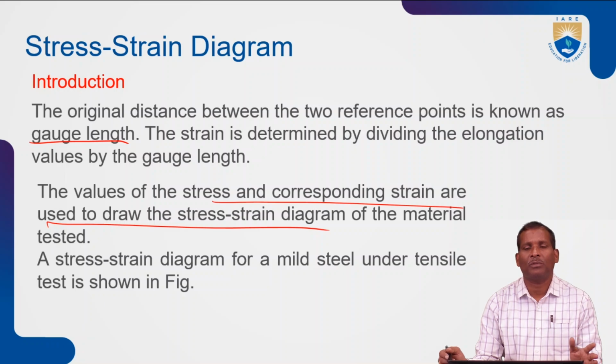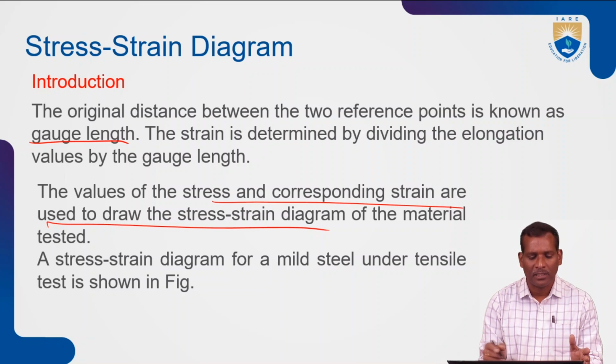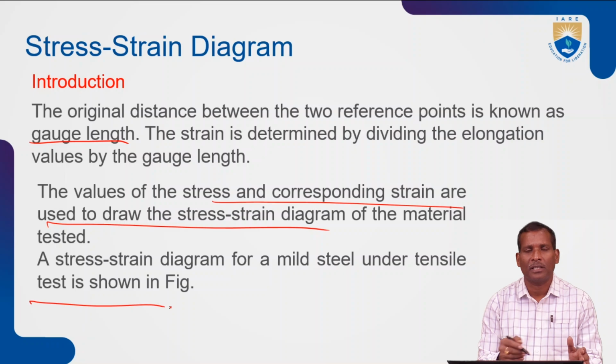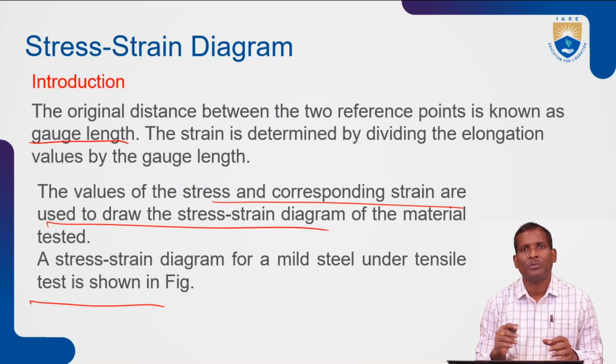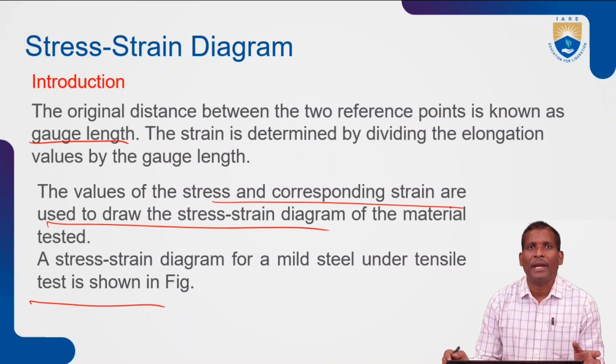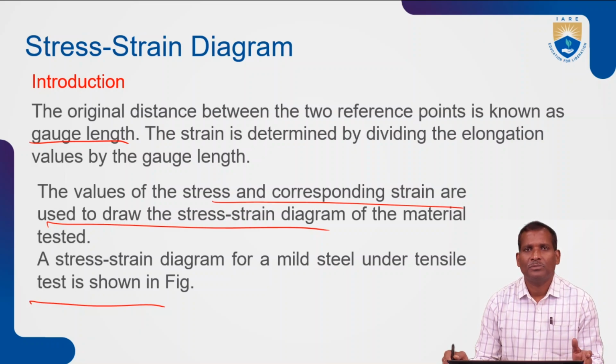A stress strain diagram for mild steel in a tensile test is shown in this figure. In the next slide I will draw it and explain the important points. All points we will discuss. That is the basic idea of the stress strain diagram.